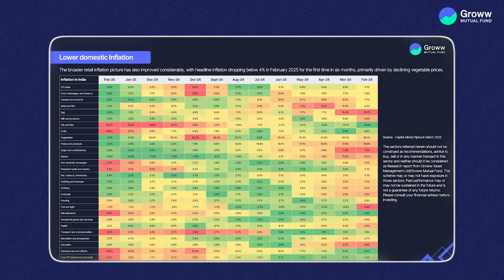So the real rate is around 2%. That retains your purchasing power, and it gives RBI room to reduce interest rates further to prop up growth in case of a slight growth slowdown.